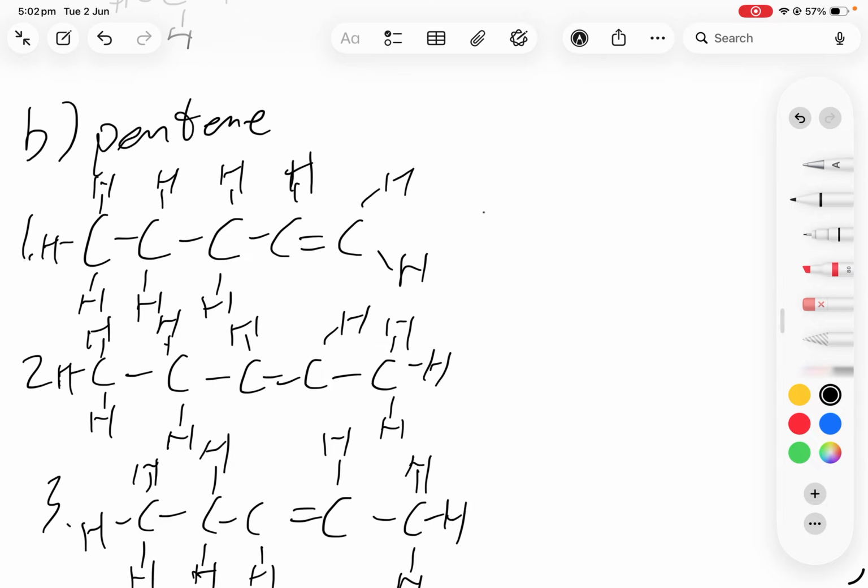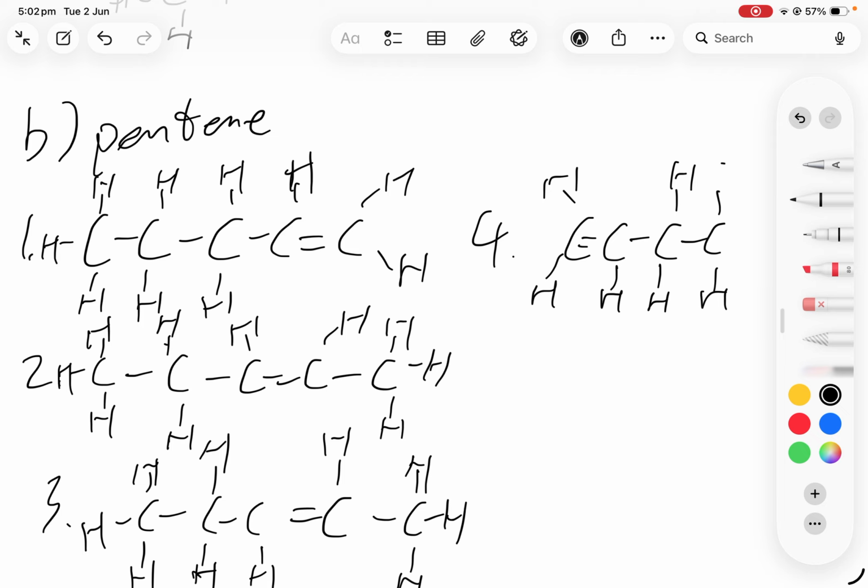Now we can do the 4s. Actually, let's do the easy ones first. This one can't have cis trans either. This one can.